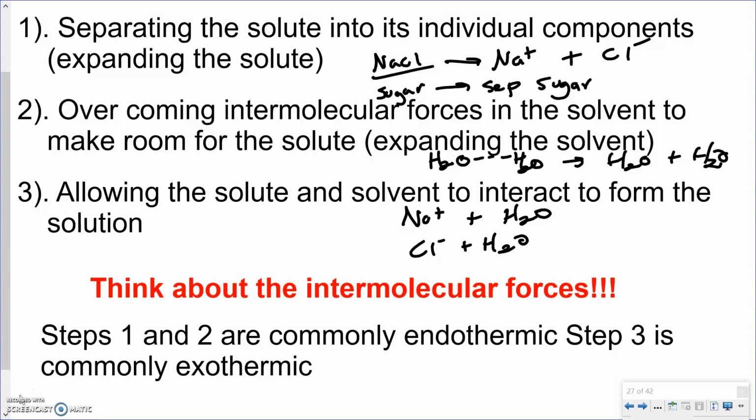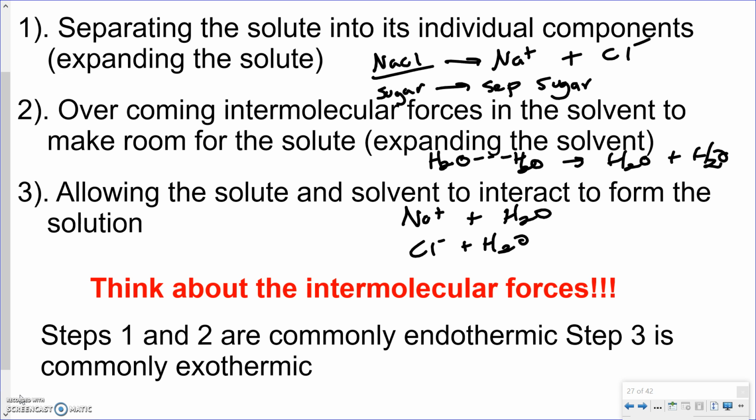It requires energy. Okay, same with step 2. We're separating the solvent. We're breaking the solvent into individual components. Again, same idea. We're breaking intermolecular forces, requires energy, endothermic. Okay, step 3 is allowing for the intermolecular forces between the solute and solvent to interact with each other. Well, that is forming intermolecular forces, which is an exothermic process.